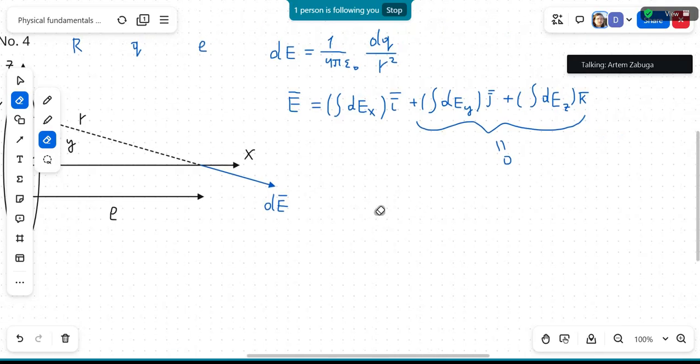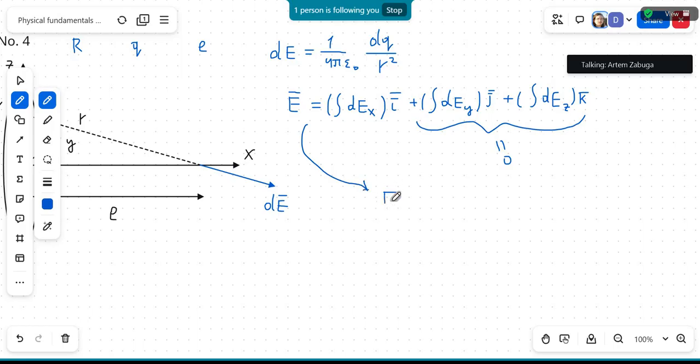Remove this, and from here we can see that E, absolute value of electrostatic field intensity, is equal to absolute value of E, and this is equal to absolute value of dE times ort E, and the absolute value of ort E is equal to 1, because ort is a unit vector.